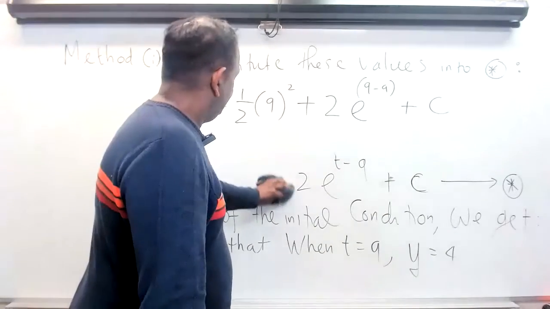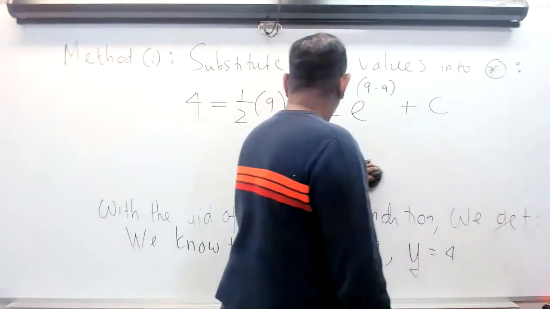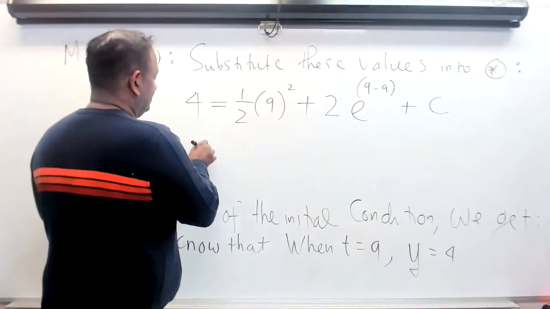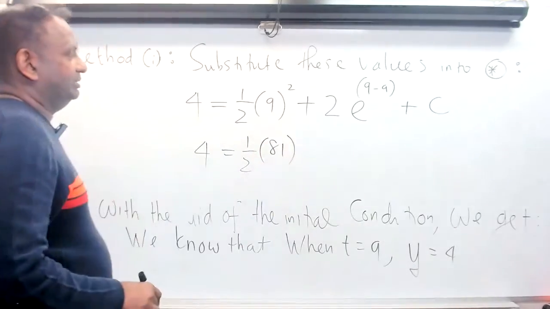Just simplify this and find c. 4 equals half of 9 times 9, 81.